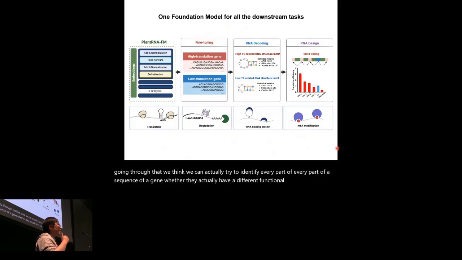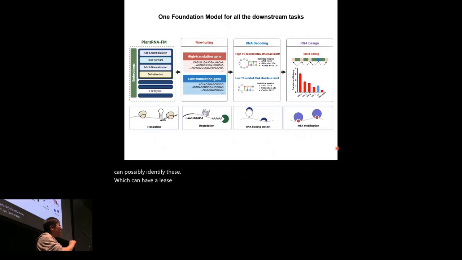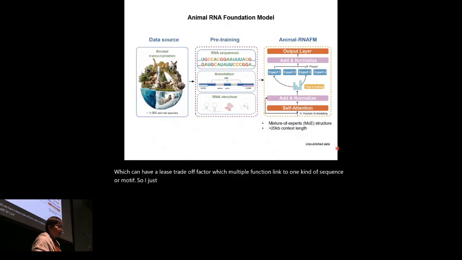We can also possibly identify sequences with trade-off effects, where multiple functions are linked to one sequence or motif. In collaboration with Steve West and also Stuart Wilson, we recently generated a much more powerful animal model, trained on pretty much 1,000 animal species with sequence, annotation, and also all the RNA structure.